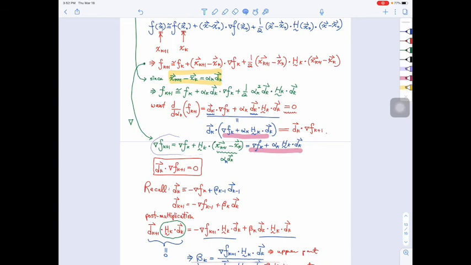Before we work on this, we should plug the upper part back into beta. So let's copy the entire beta. Copy. Paste.